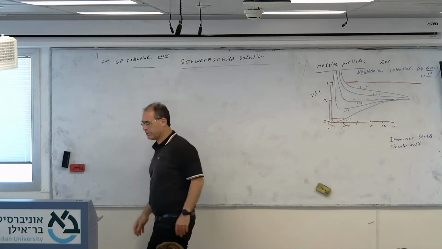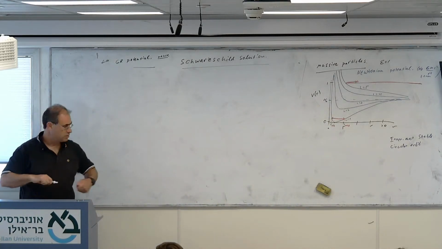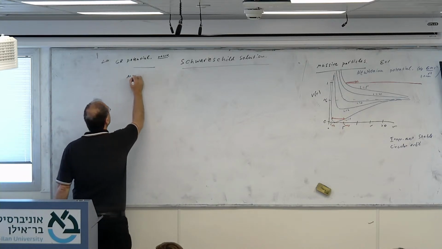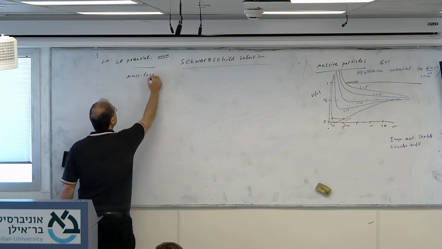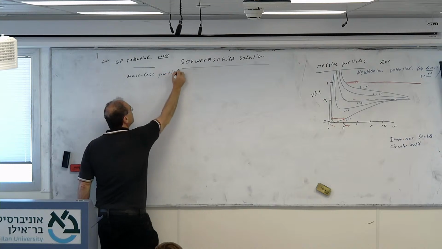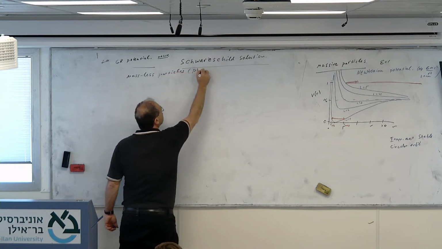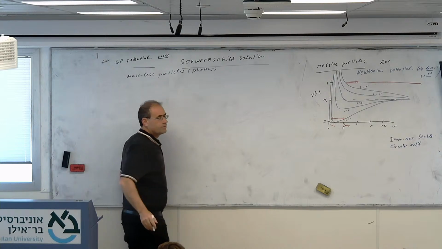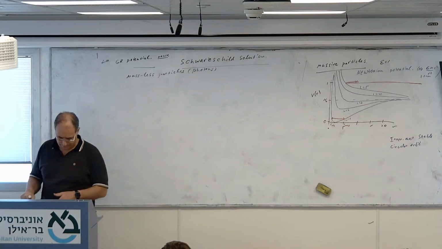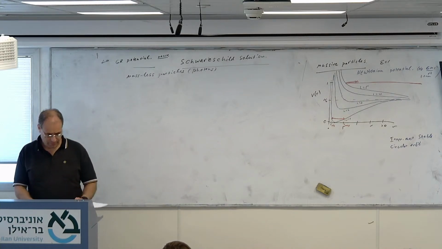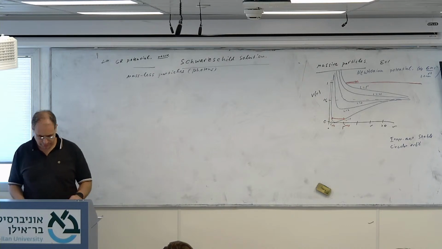So, massless particles. Perhaps it's photons. It doesn't have to be photons, but it's the most important one. So that's pretty simple, right? Everything we need to do is just put epsilon equal to 0.